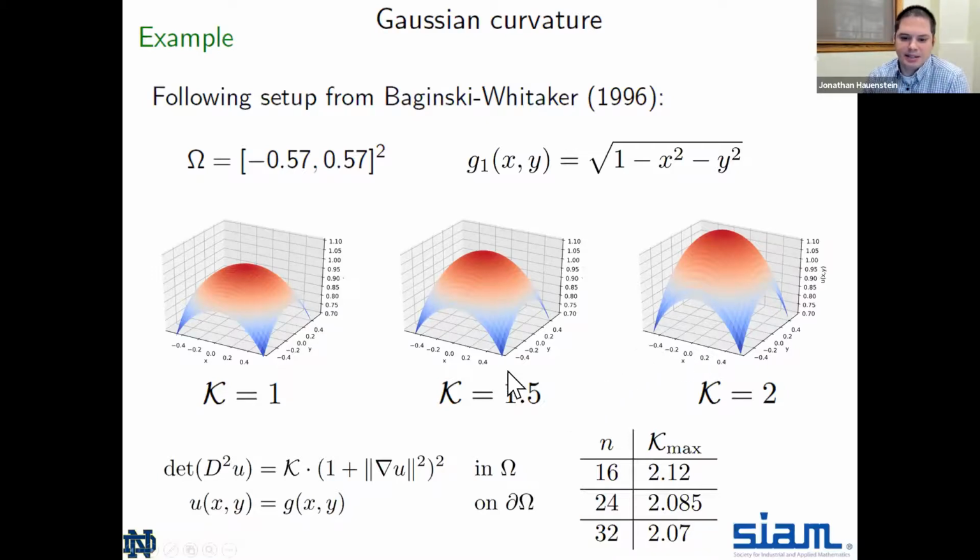Based on your discretization, you get slightly different values of this maximum curvature, but it's just over 2. This is 2-dimensional, with 32 grid points in each of the dimensions. Excellent. So you're able to push to a critical point from just knowing one point. You don't have to know where the other end matches up.